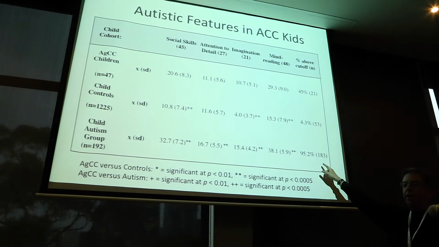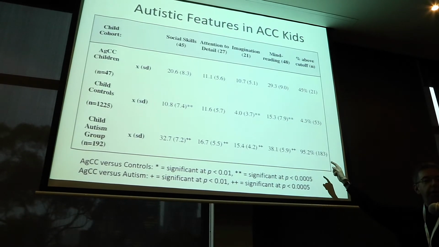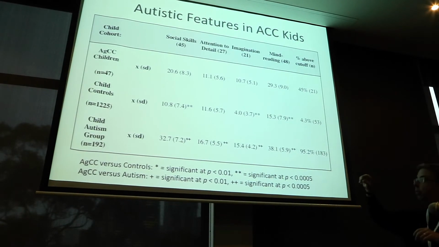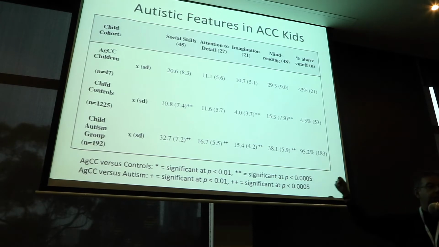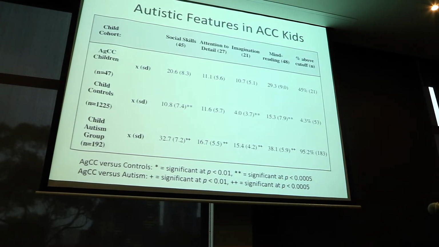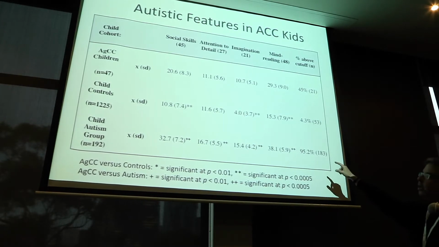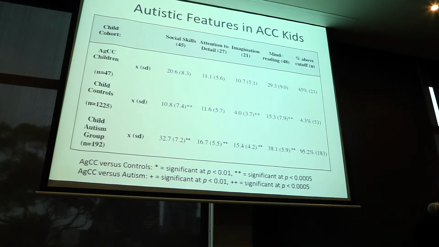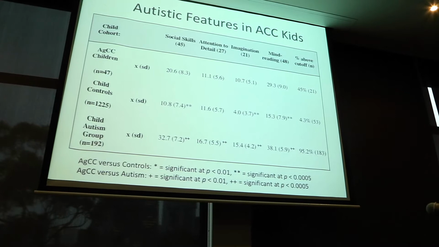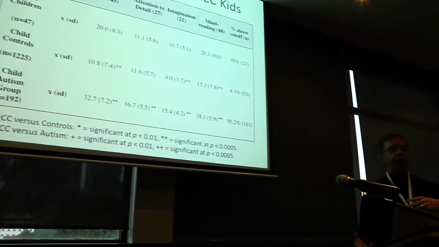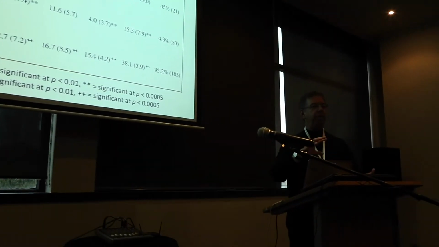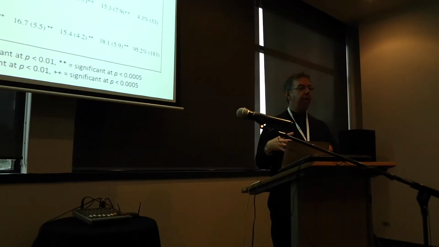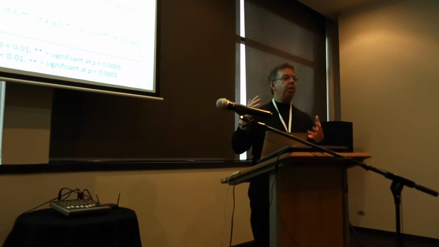So you can see here that of the children with a diagnosis of autism, 95% of them cross the threshold. So that's sort of like proving that the test works in a way. And if you look up here, typically developing children, 4.3% of them cross over the threshold. And so what that tells you is essentially the false positive and false negative rate of the test. It's not perfect, but it's in the ballpark, right?